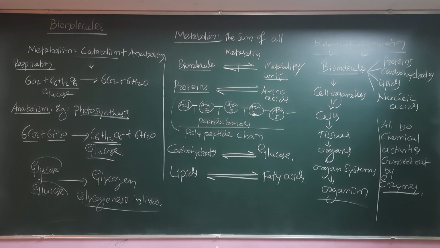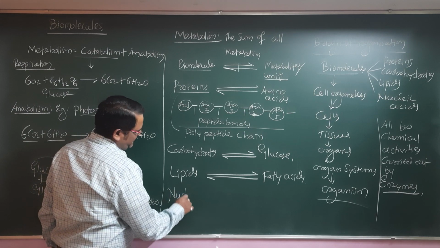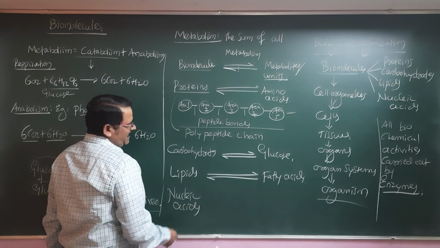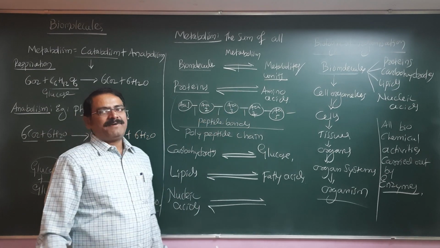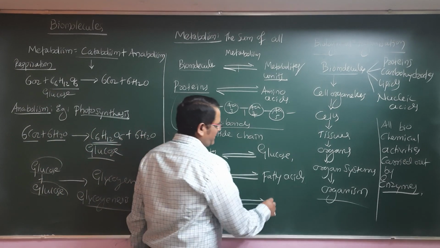The other important thing is nucleic acids. How are nucleic acids made up? Nucleic acids can be broken up or joined, to separate or join these units. Nucleic acids are mainly made up of nucleotides.